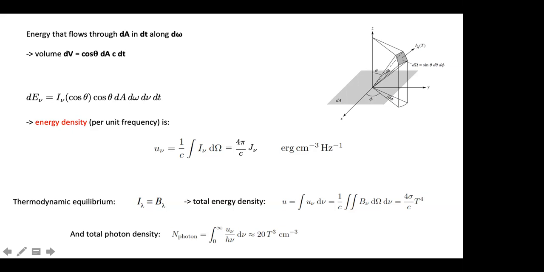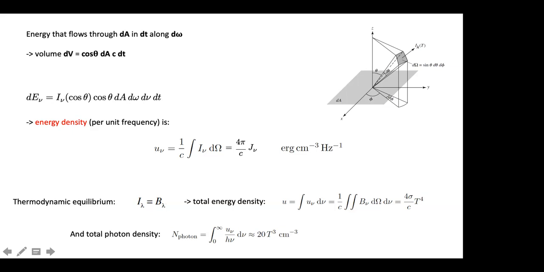If you consider only the direction orthogonal to the surface, of course the calculation is just area multiplied by the height, and the height is c dt. But if the angle is not 90 degrees, you start having a smaller and smaller volume. So you have to consider the cosine.